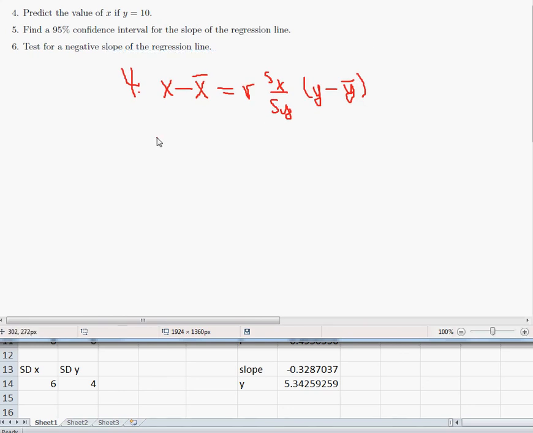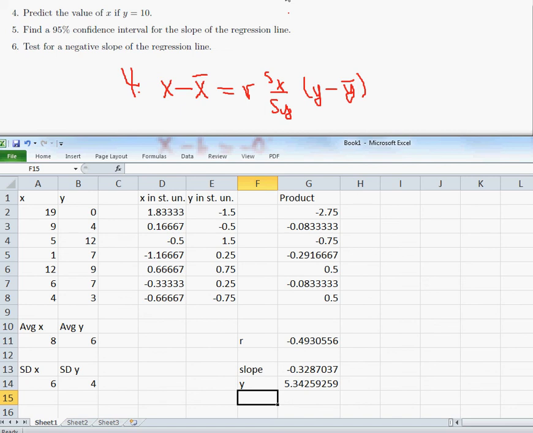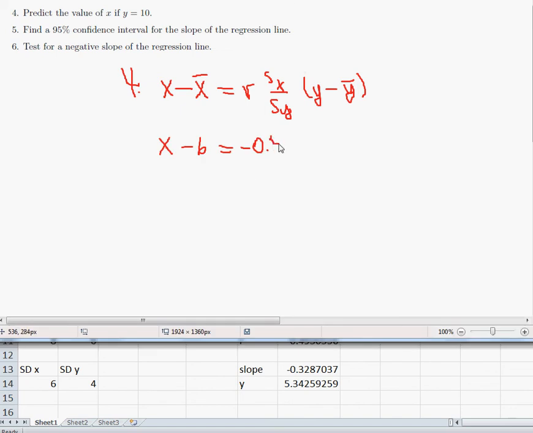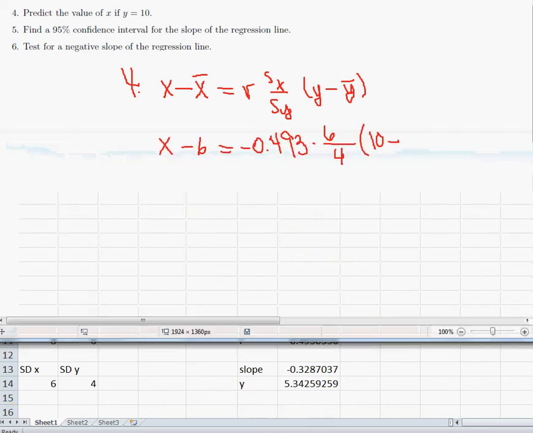Okay, so in our question we have x minus x bar, which was 6, equals negative 0.493, the value of r, times this time s sub x over s sub y, times y, the given value of y is 10, minus y bar, and the average of y was 6.